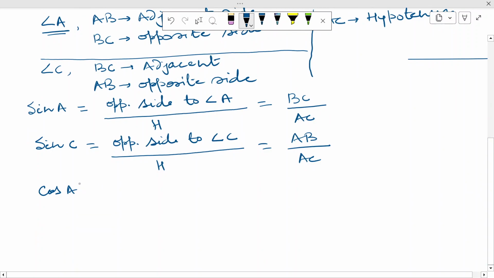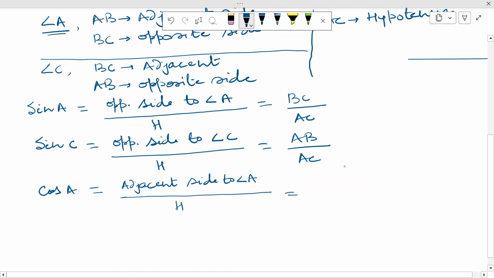So, if you are finding cos of angle A, the formula for cos of any angle is we should consider the adjacent side to angle A, and this should be divided by the hypotenuse.